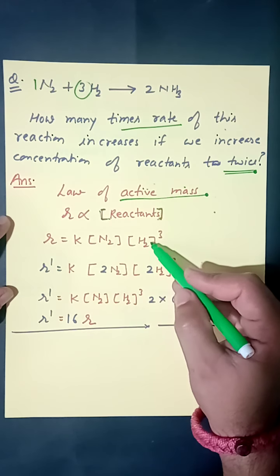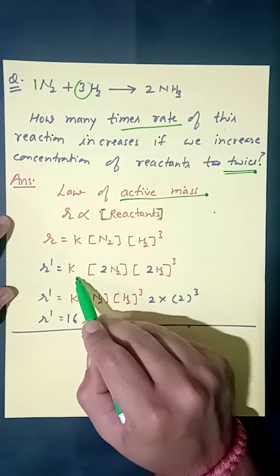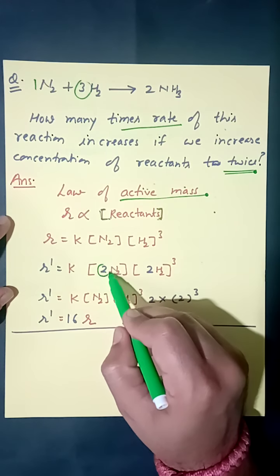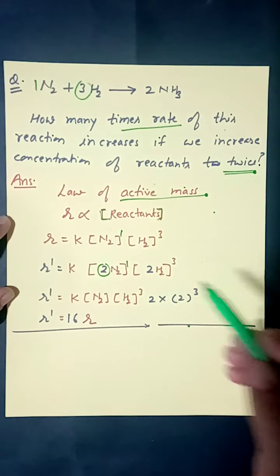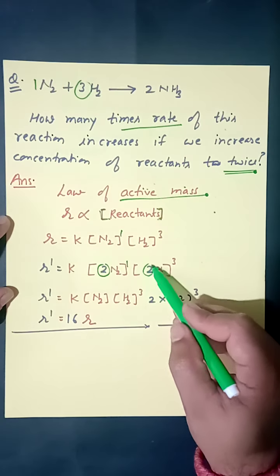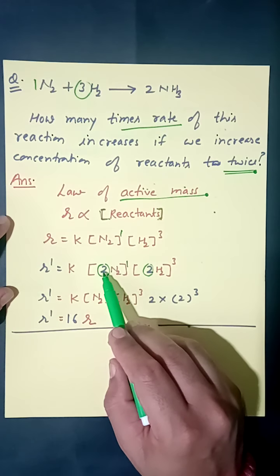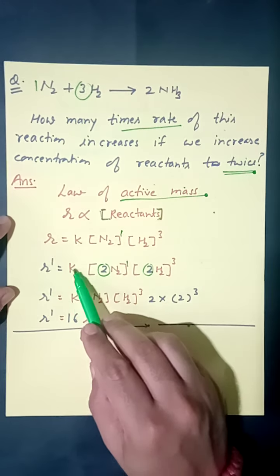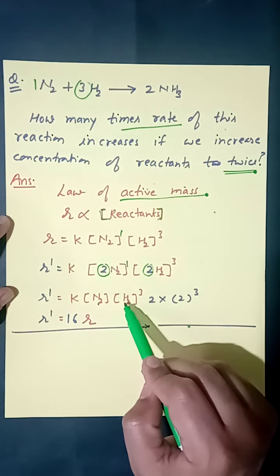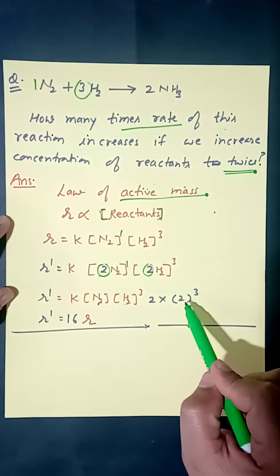Same here, hydrogen, we increase concentration by 2 times, and therefore R dash equals K [2N2] power 1 as per the formula, and [2H2] power 3 as per the formula. We will separate this number from the square bracket and we can write it as K [N2] power 1 [H2] power 3 into 2 power 1, and this is 2 power 3.